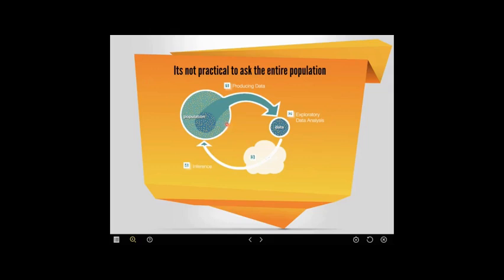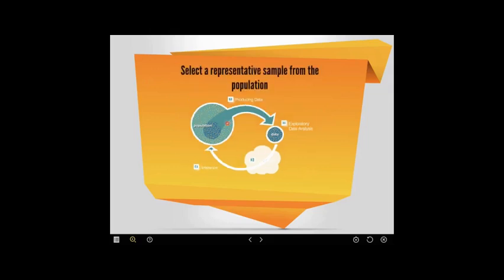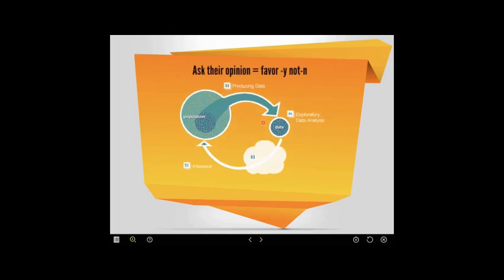So what researchers do is they select a sample that represents the population of interest. The population of interest here is the people in the US. They select a random sample that is representative of the population, and they ask this question and take their opinion about whether they favor the death penalty or not.